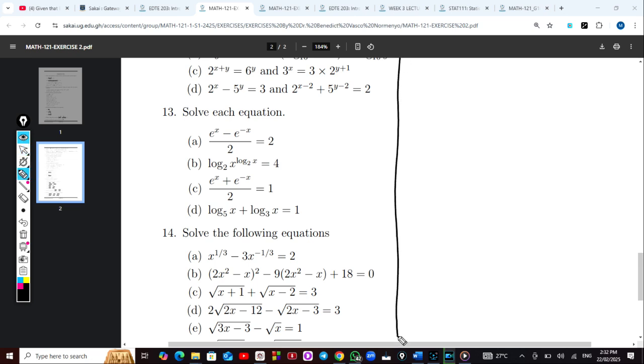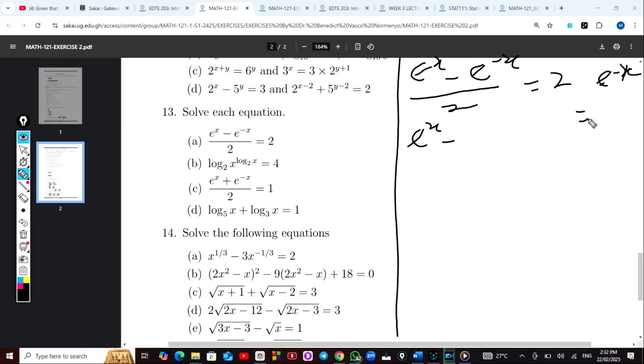The question is: e to the power x minus e to the power negative x, all over 2, is equal to 2. So just multiply both sides by 2. You have e to the power x minus e to the power negative x, which we can rewrite as 1 over e to the power x, is equal to 2 times 2, that is 4.